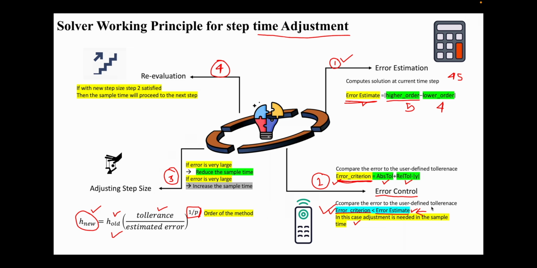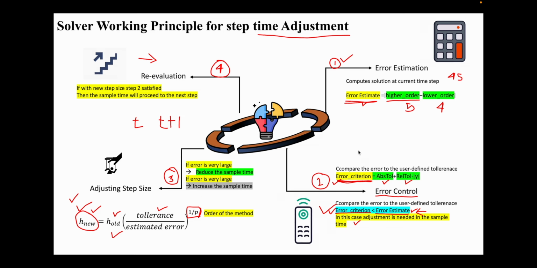But if it is not satisfied, then we do not need any adjustment in the sample time, and the sample time we calculated proceeds to the next simulation step. Suppose at time t you got your sample time, and the next sample time that you calculated, h new, satisfies the criteria, then it proceeds to t plus 1 second. This is how the sample time is adjusted.